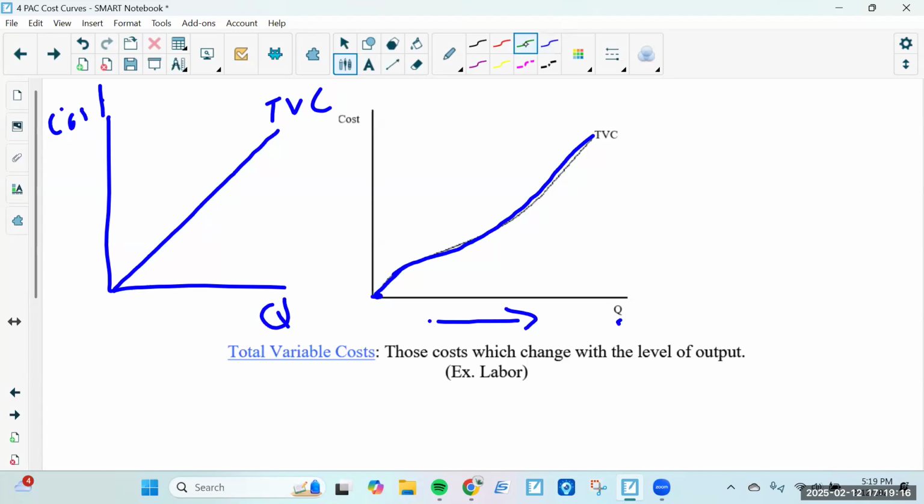The idea is that first, you're not getting a whole lot out of the workers, and then you start to get more out of the workers, but eventually you get such bad diminishing marginal returns that this curve actually starts to bow upward. Truthfully, if they ask you to draw this on the AP exam, you can draw it as a straight line, just like I did here on the left. But if they ask why it's shaped like it is, the answer is the law of diminishing marginal returns.